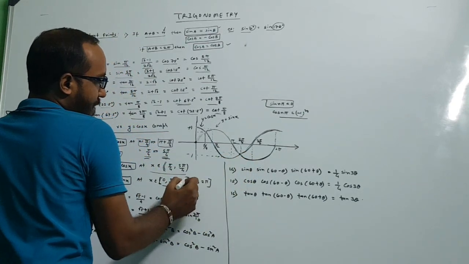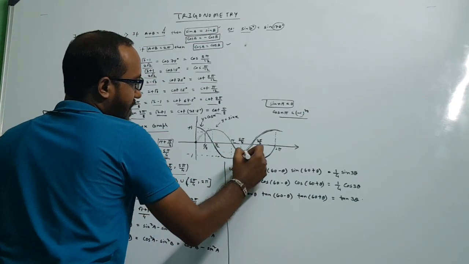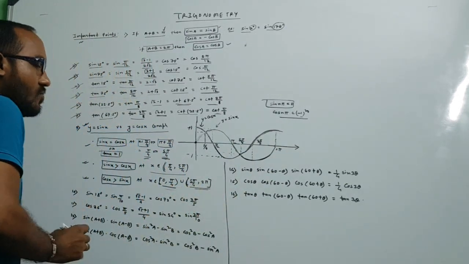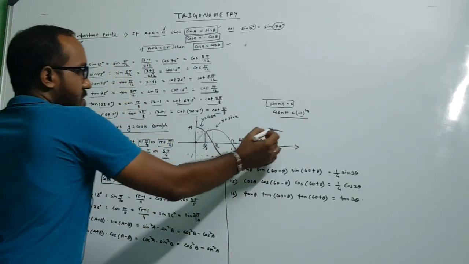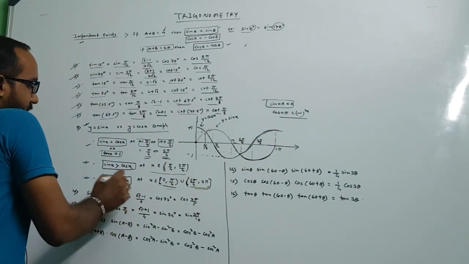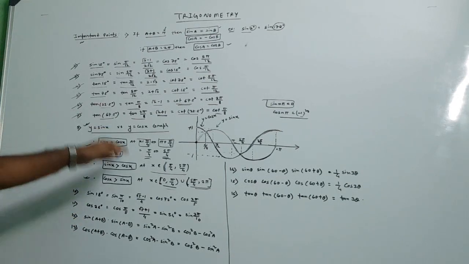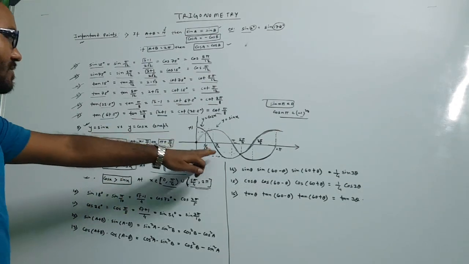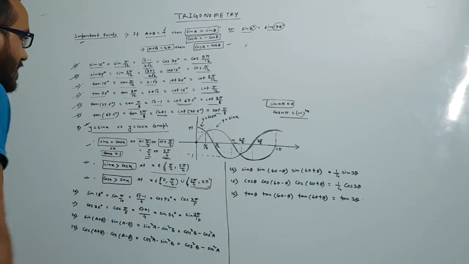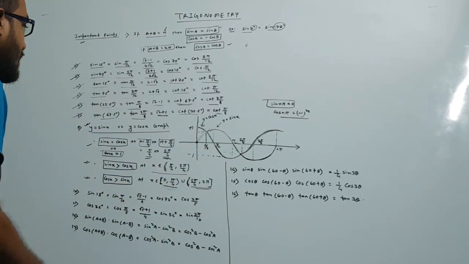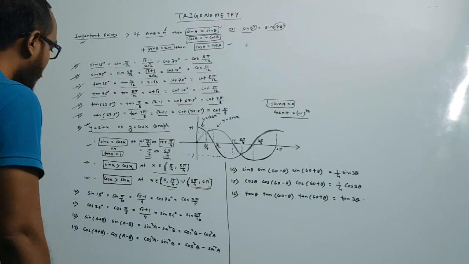So that's why we have open interval 5 pi by 4 to 2 pi, and 2 pi is the closed interval. Sin x is less than cos x, or cos x is greater than sin x. You have to remember this, or please learn this curve very carefully, because it is extremely important in order to solve various types of problems.